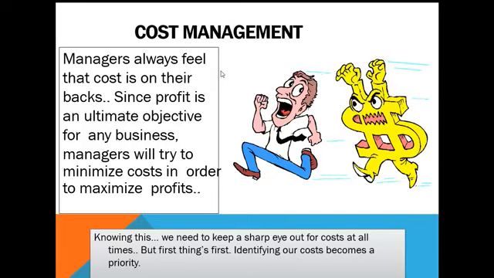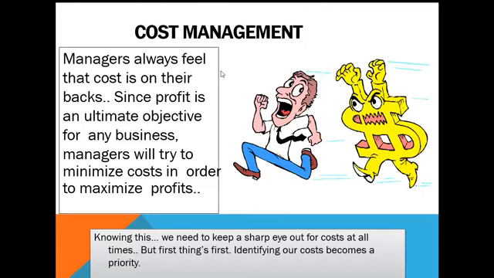The maximum aim of every business is to maximize profit, and that is why managers must try everything possible to minimize cost in order to maximize this profit. Like I said earlier, costs are what the business incurs in the production of goods and services, so management must keep a sharp eye on their cost.